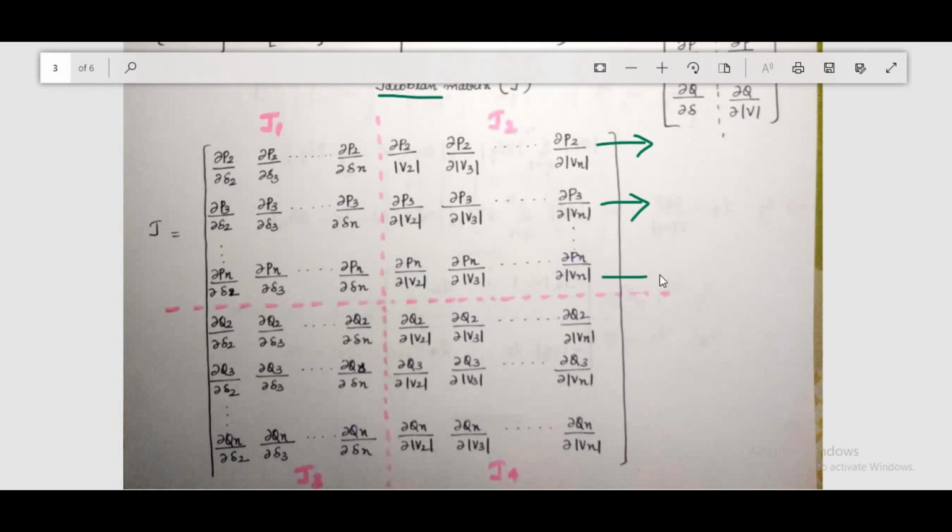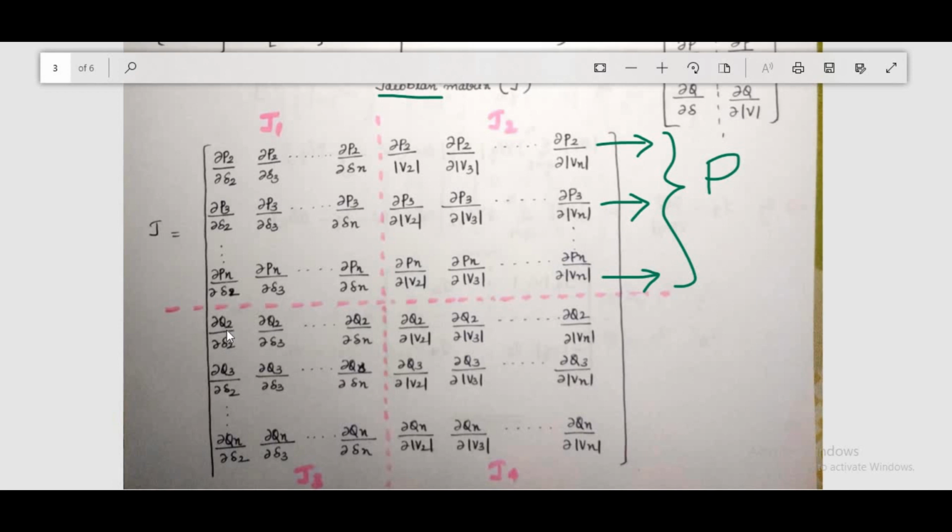Okay, so with this, all our functions are over? No, only our active power functions P are over. Now our function Q is remaining. We also have reactive power starting from Q2, Q3, etc. up to Qn.